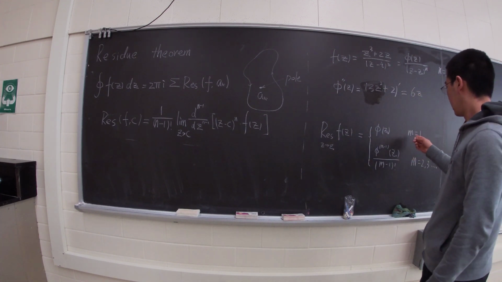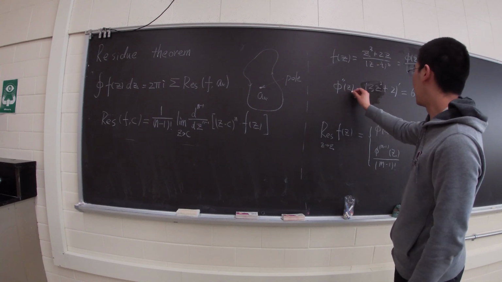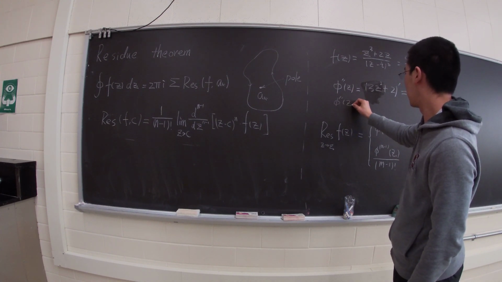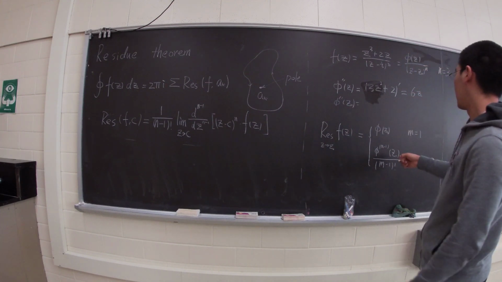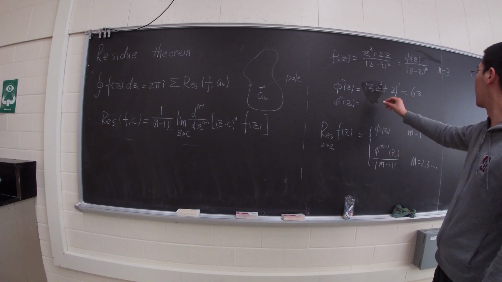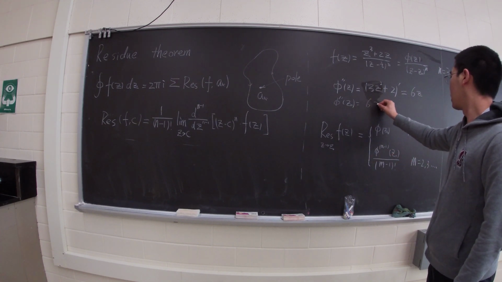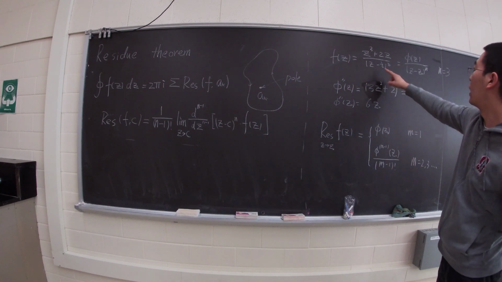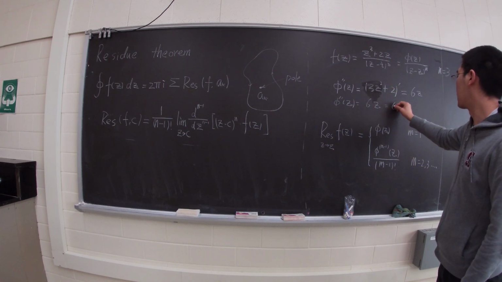So phi double prime of z naught will be 6 z naught, and we know z naught is i, so it will be 6i.